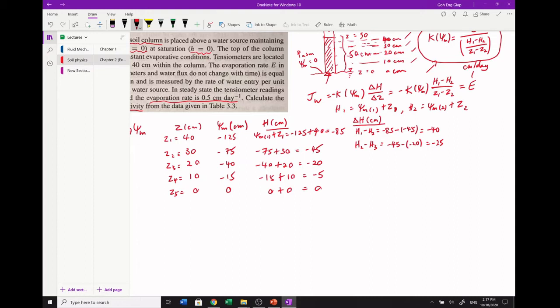Okay, so I need to arrange this a little bit so that there is a space between them. So here is negative 20 minus negative 5, so we have negative 15, and negative 5 minus 0, negative 5.